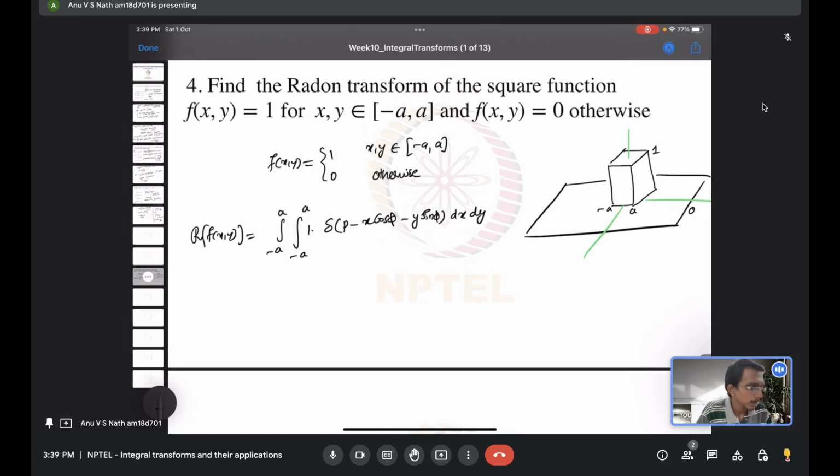So now we need to perform this integral. This is a delta function involving complicated parameters like x cos phi and y sin phi, which are subtracted from the value p.